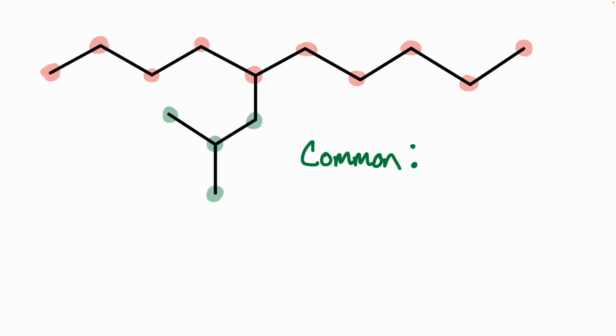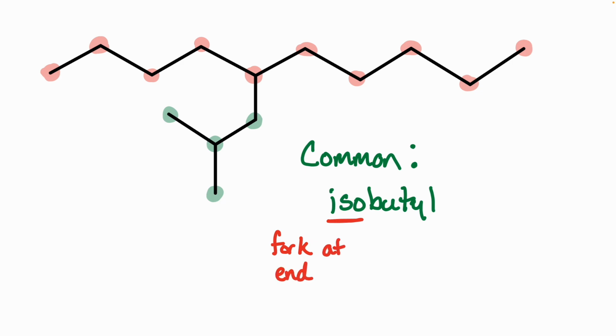The common name for this particular one would be an isobutyl group. These isos are always branched alkyl groups that have a fork at the very end. By that I mean it splits at the very end.